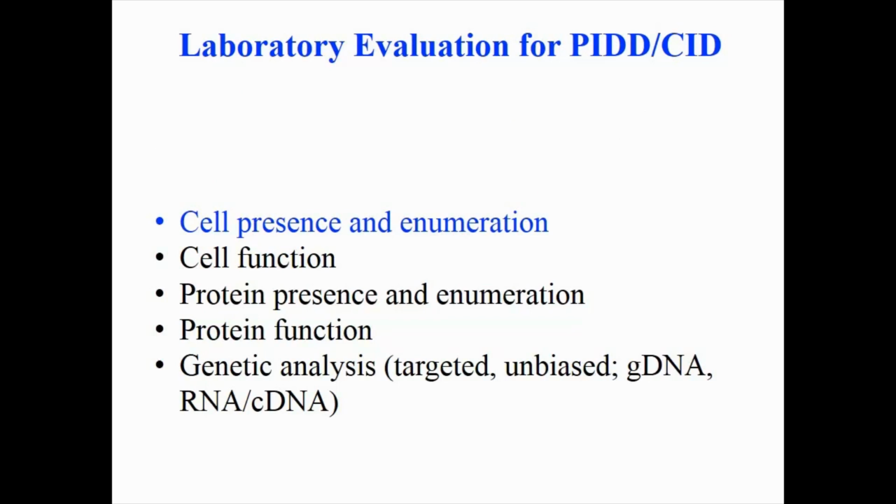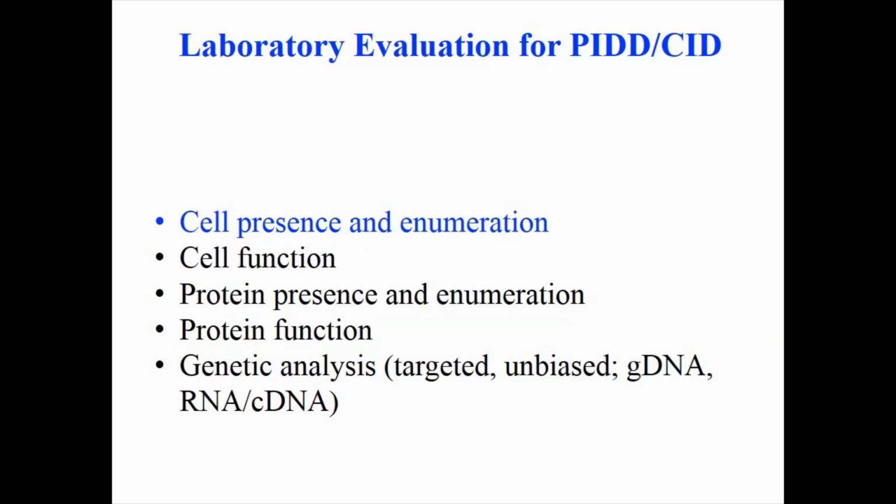Those are the steps that you have to follow, and this applies to SCID, to combined immunodeficiency, and to whatever you have. But keep in mind that you have to fulfill those approaches whenever you are being diagnosed with a primary immunodeficiency. I guess that most of you are patients, or some of your loved ones have diseases. This is what your doctors have done whenever they face you or your relatives.